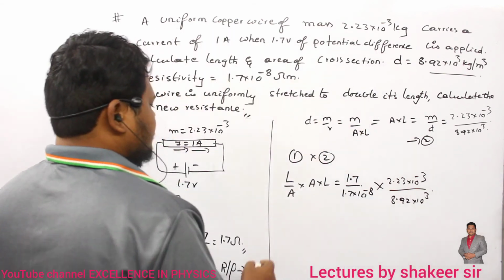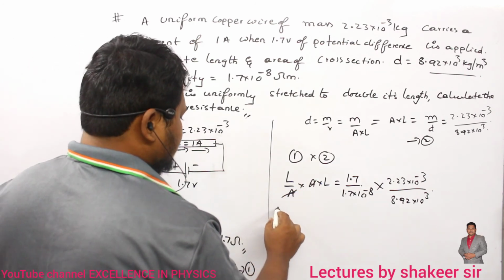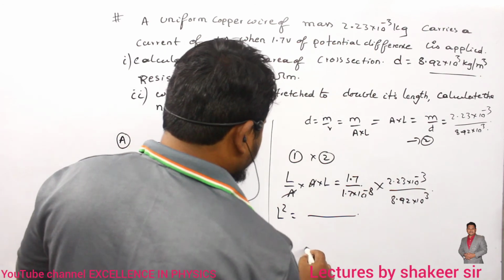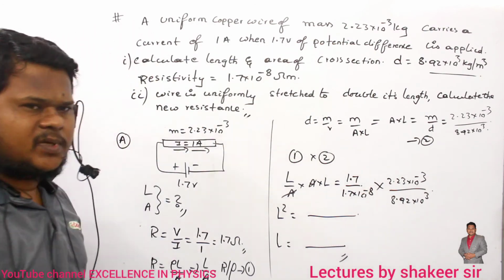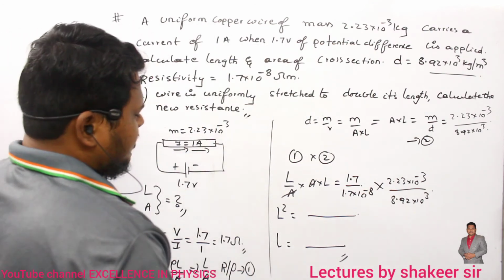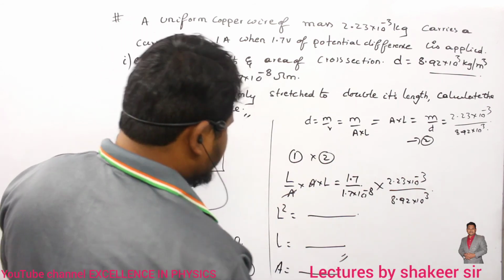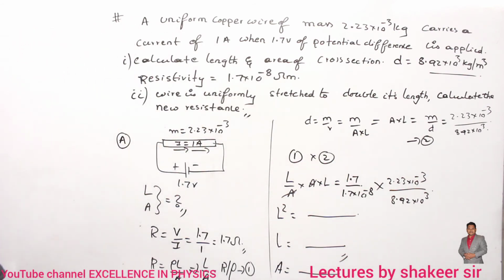Clear? So A and A get cancelled, so I will get one relation for L square. If I get L square, then I get one equation for L also. Clear? Now if you calculate the L value, then you will get the A value also, because L into A and L by A we have already calculated.